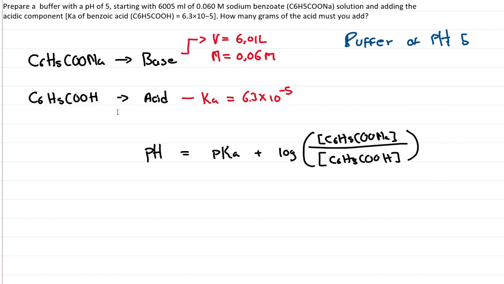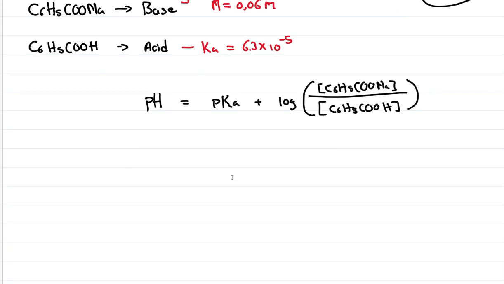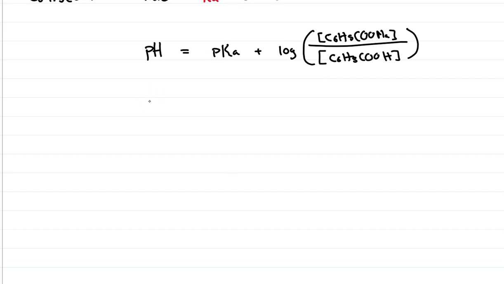So we want to find the ratio of the concentration of the base to acid. That will give us the pH value of 5. So we're going to take that 5 and put it there. So we have 5 there.